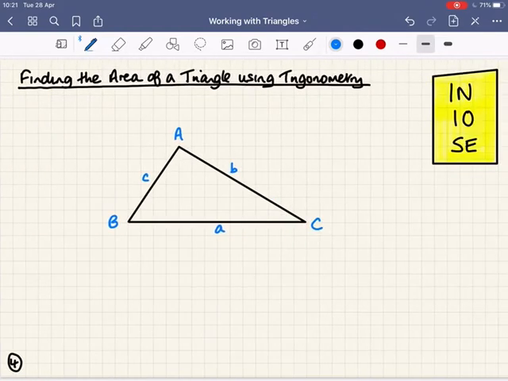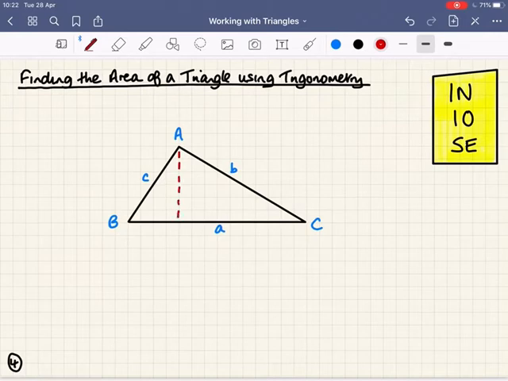So here is a triangle, and I've labelled the three vertices A, B and C, and I've labelled the three sides correctly as lowercase a, b and c, so I know which are which pairs. I'm going to go back to some basics and see if I can find the area of this triangle.